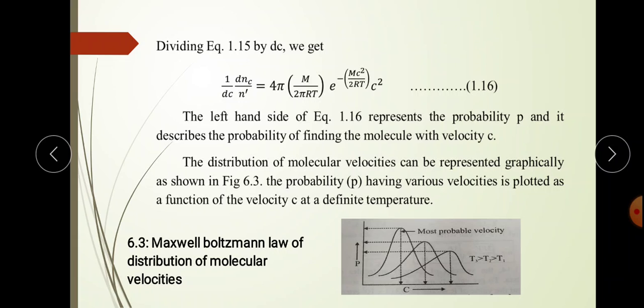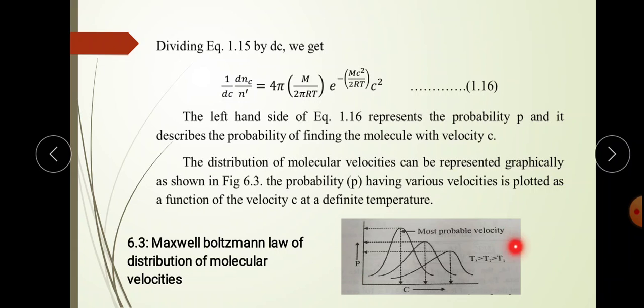So the distribution of molecular velocity can be represented graphically, as shown in figure 6.3. The probability P of having various velocities is plotted as a function of velocity c at a definite temperature.